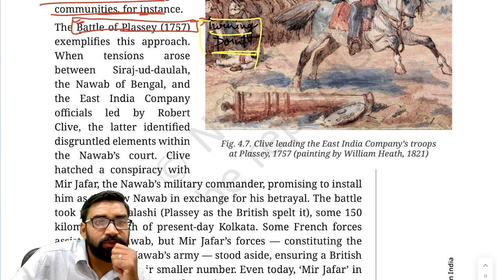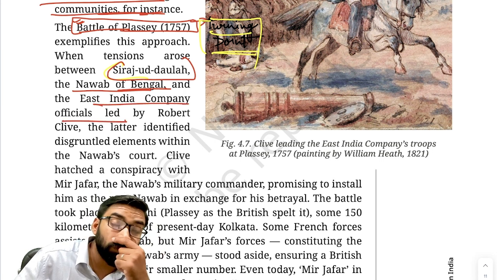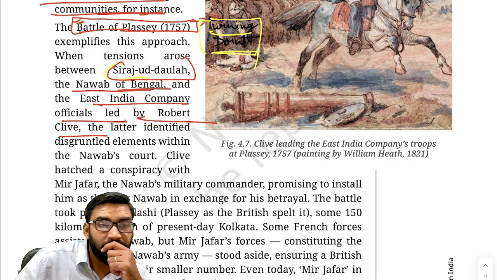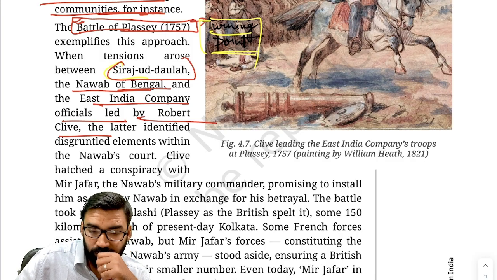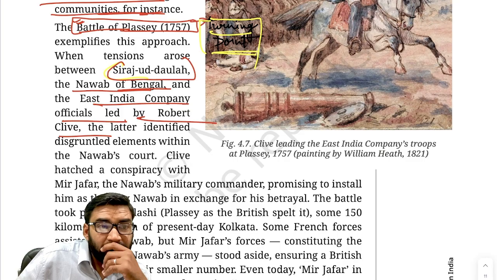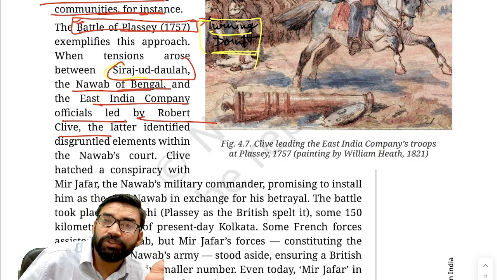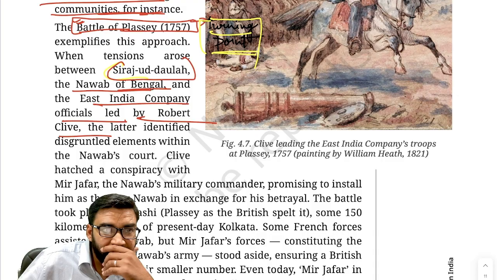So who was the Nawab? When the tension started between Nawab Siraj-ud-Daulah, who was the Nawab of Bengal, and the East India Company, from the side of the East India Company the official was Robert Clive. When Robert Clive saw that there were disgruntled people in the court of Siraj-ud-Daulah, he identified disgruntled elements within the Nawab's court.